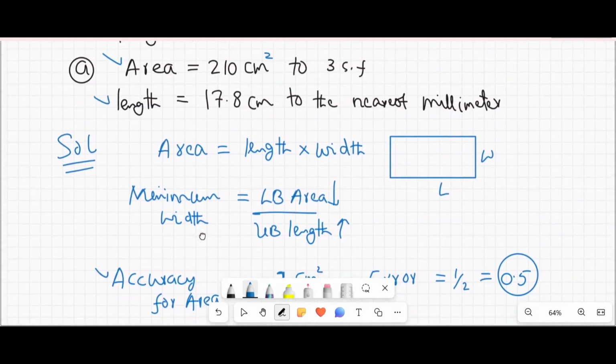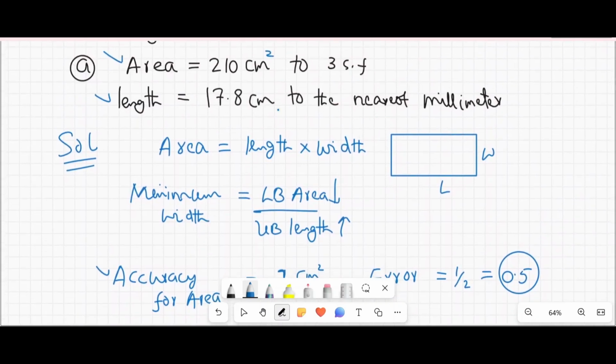So now it says the length is to the nearest millimeter.